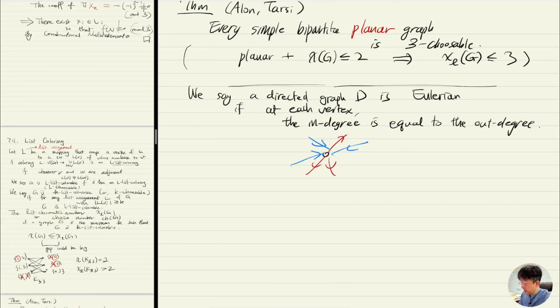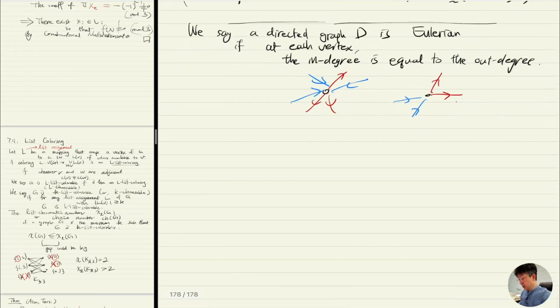You may have another vertex here with, let's say, 2 edges incoming and 2 edges outgoing. But anyway, if this is the case, then we say the graph is Eulerian.